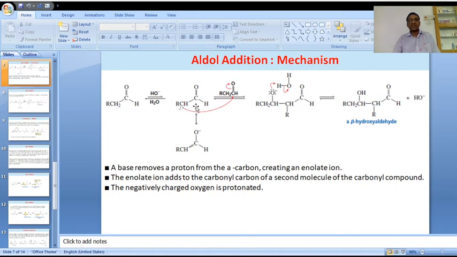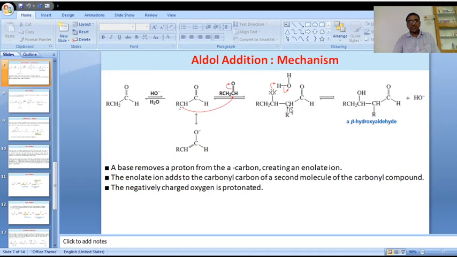This negatively charged alpha carbon bonds with the carbonyl carbon of the second molecule. Immediately the pi bond cleaves and the oxygen becomes negative. Okay, in this side chain the oxygen becomes negative, the remaining stays the same.